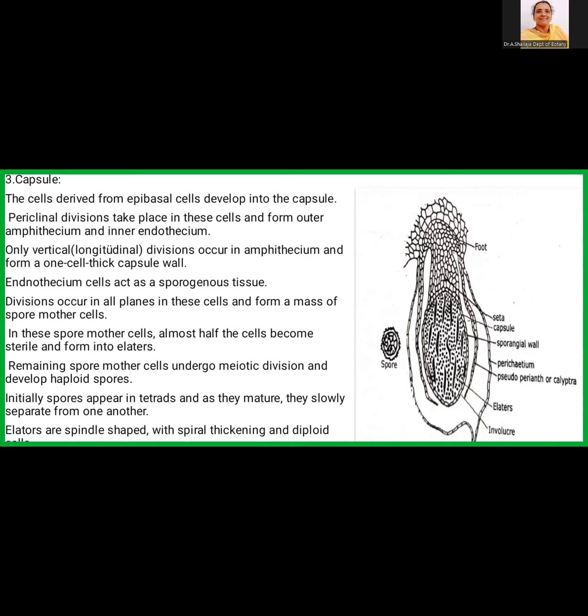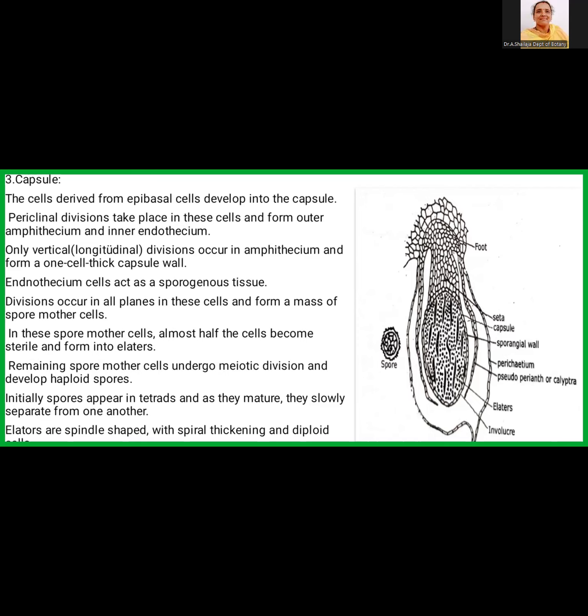Only 4. The venter is common, with an egg cell and ventral canal cell. That is one of the important parts in the archegonia. 4 neck canal cells are present in the archegonia, whereas in the antheridia the number is different. So that's why some chances are there.